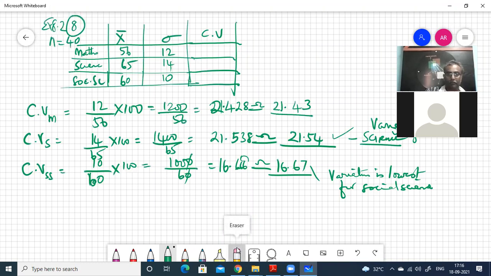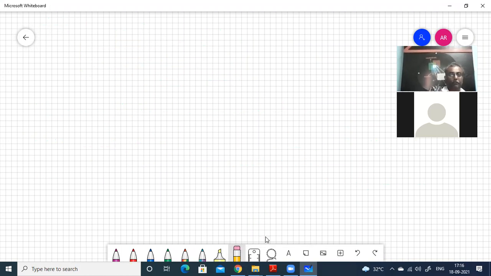Example 9.3. Height of the father, height of the son. Very, very famous thing. Height of the father is x data.